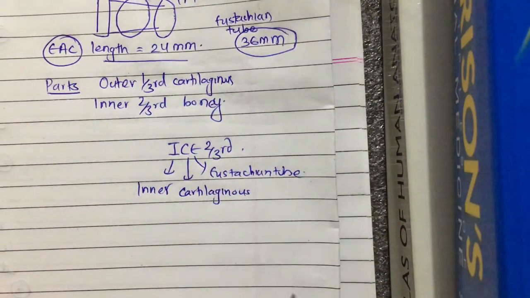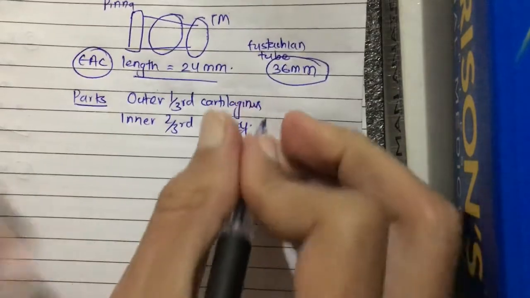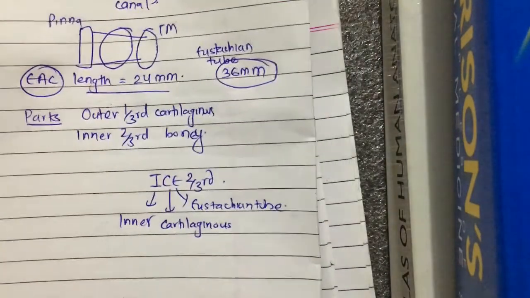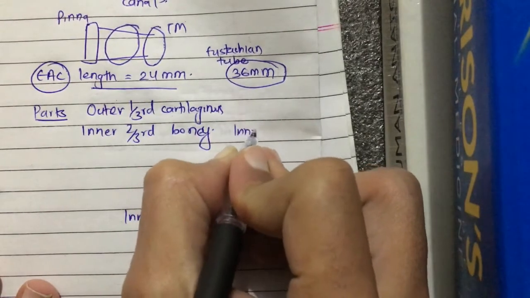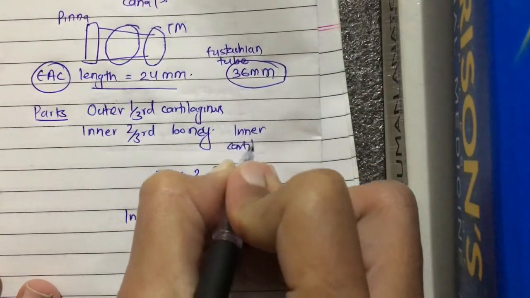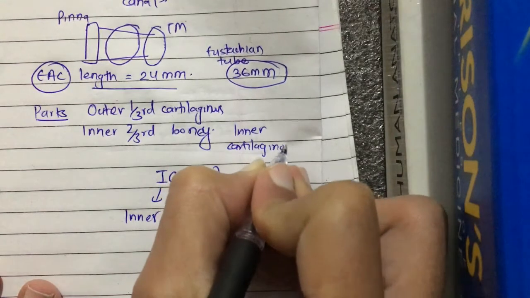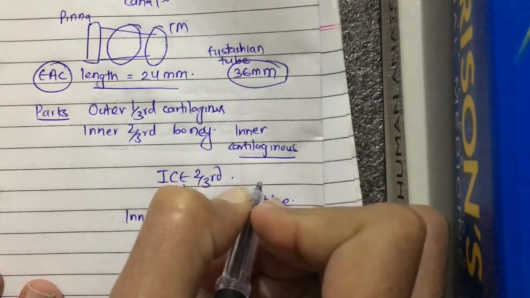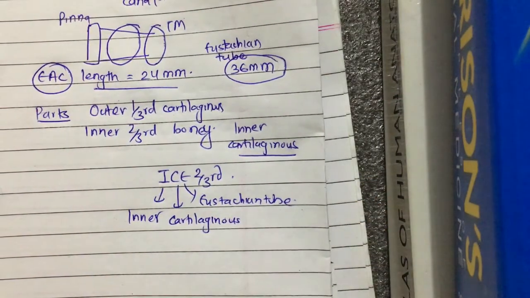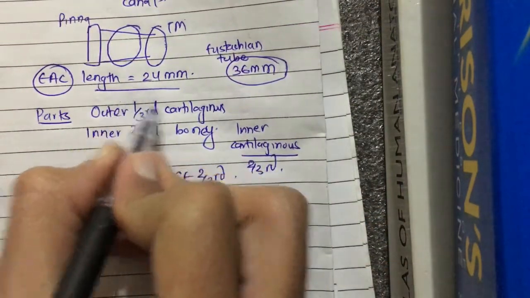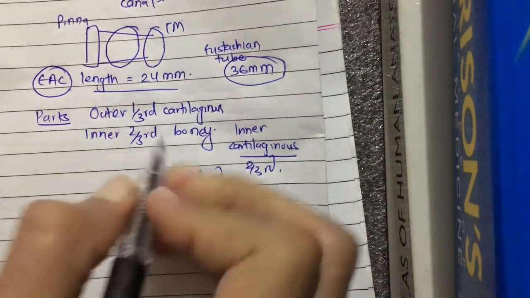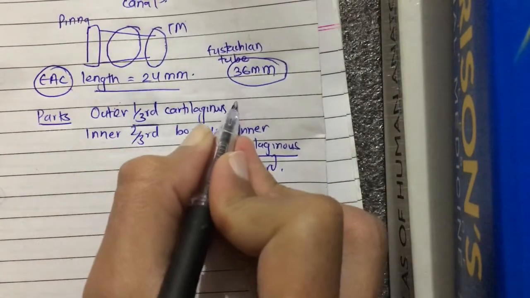That means in the Eustachian tube, the inner part is cartilaginous, and that is 2/3. Whereas in the external auditory canal, the cartilaginous part is only 1/3.